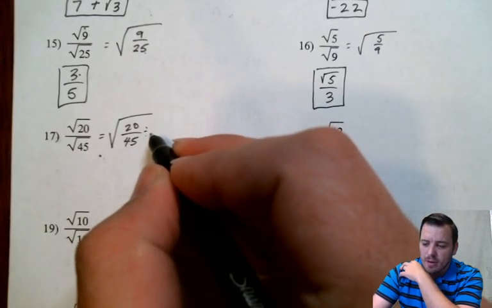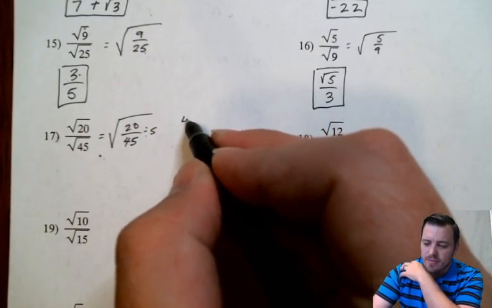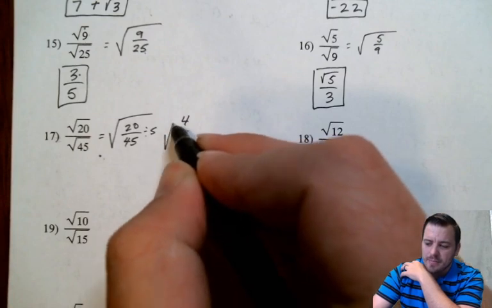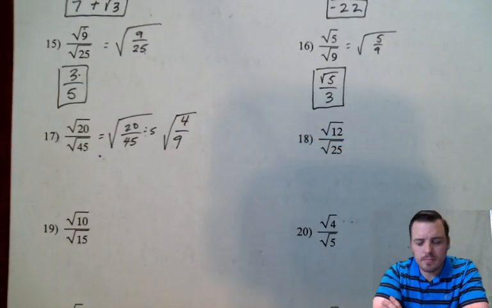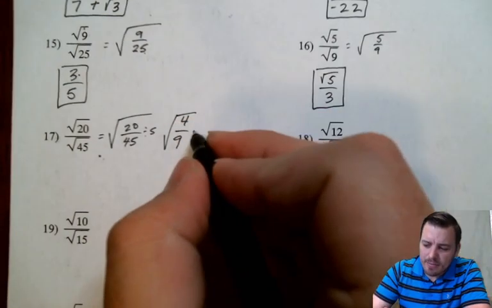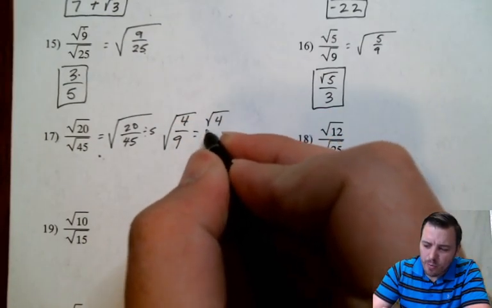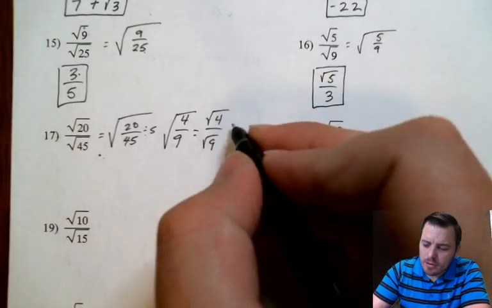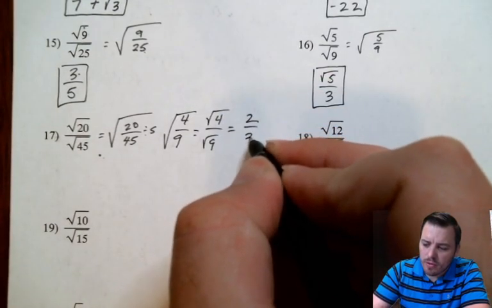So if I divide both of those by 5, I get 4 and 9. Then that can be reverted back to radical 4 over radical 9, which is simply 2/3.